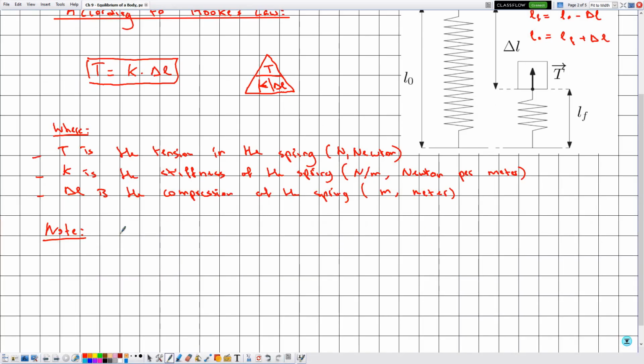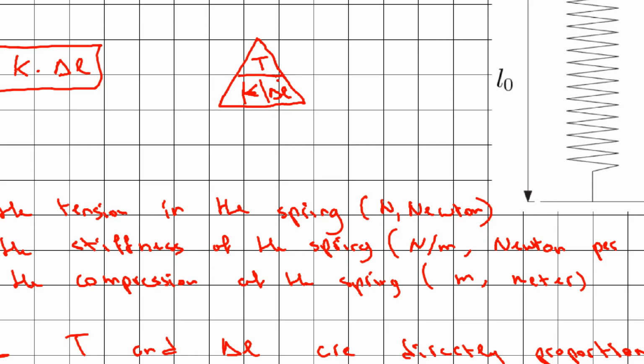Now, what about T and K on one side, T and delta L on one side? They are directly proportional. So let me say T and delta L are directly proportional. So what does this mean? If T increases, delta L increases. If delta L decreases, T decreases. T and K are also directly proportional. And as for K and delta L, I repeat that they are neighbors living in the same floor, so they hate each other.